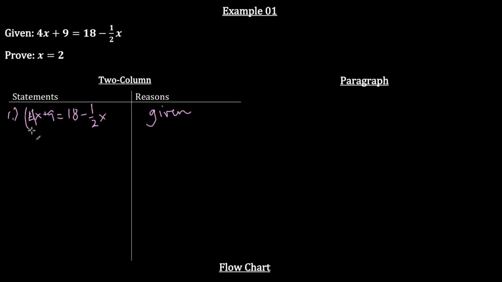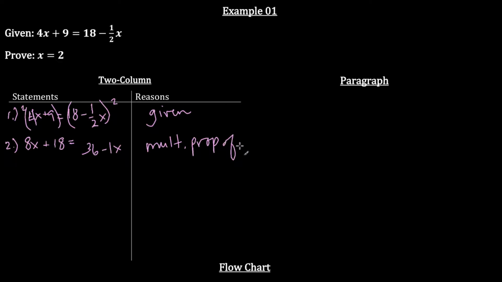So I want to multiply both sides by 2. So I get 8x plus 18 equals 36 minus 1x. And I got there by multiplying both sides by the same number, so it's the multiplication property of equality.